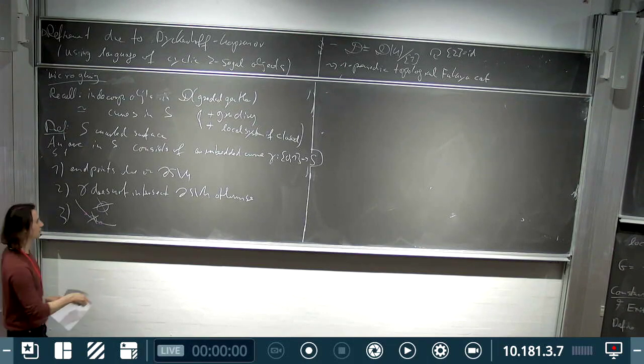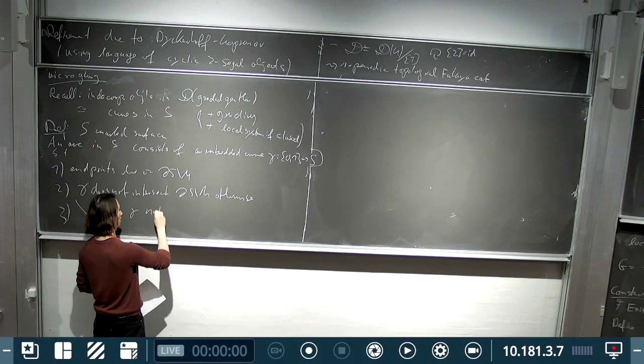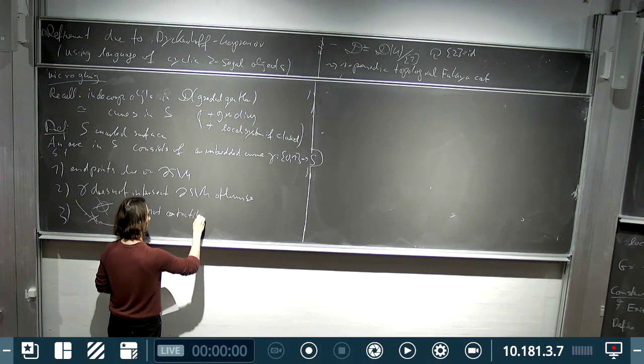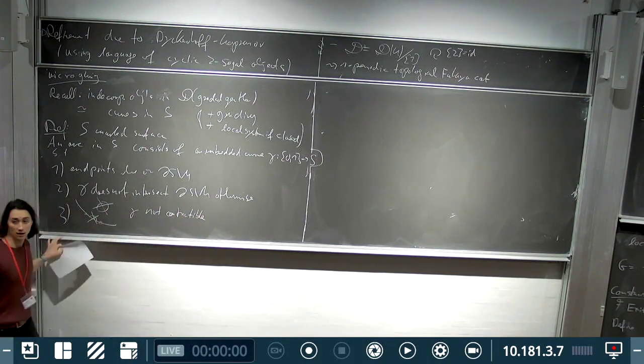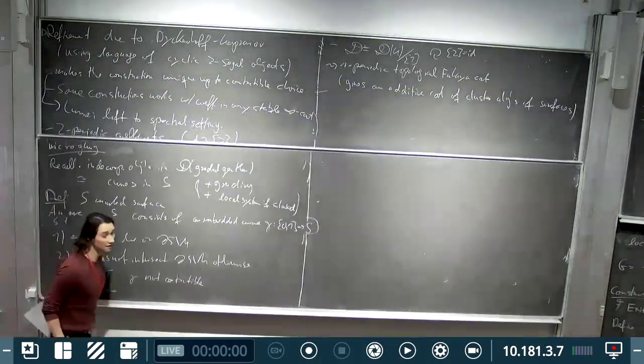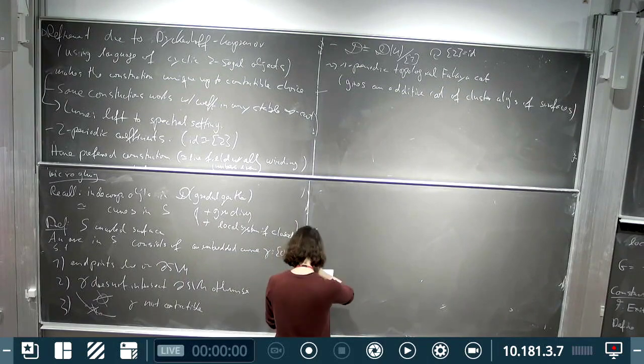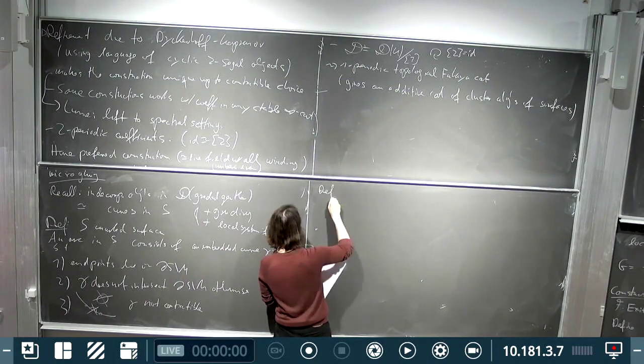So gamma is not contractible. And arcs are considered up to homotopy. I won't write this.